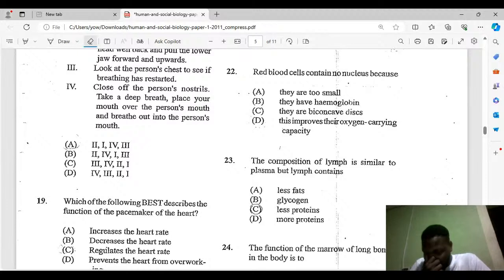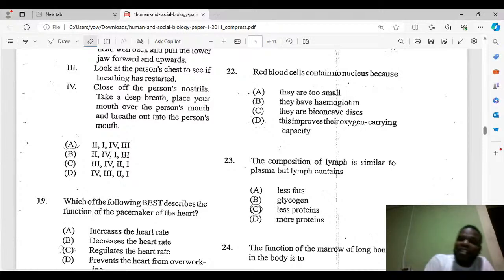Phagocytes' nuclei are lobe shaped, not as big as the lymphocyte's, because the phagocyte engulfs bacteria. The red blood cell, however, doesn't have a nucleus because it needs the space to carry oxygen. A nucleus would deprive the red blood cell of carrying oxygen around the body. So the answer would be D.